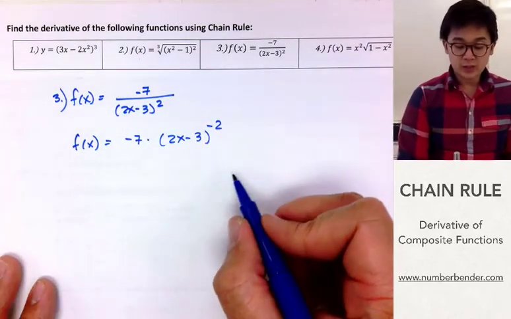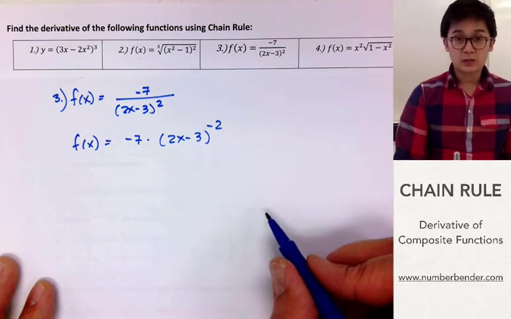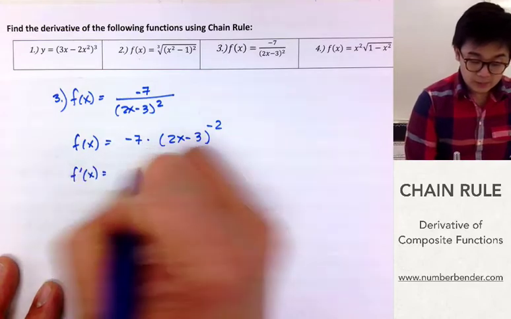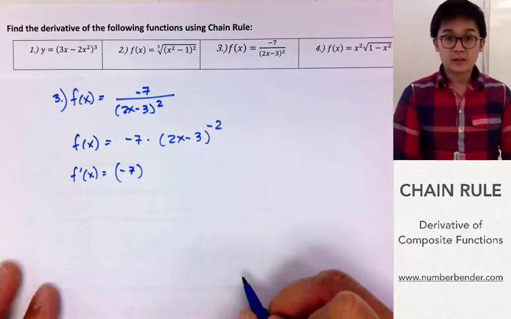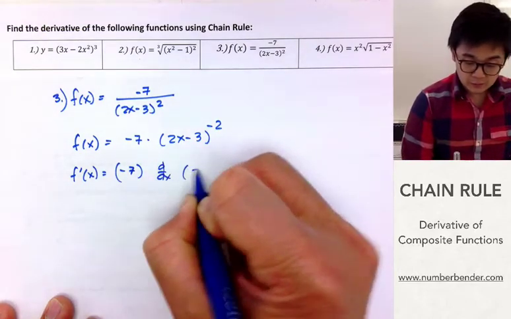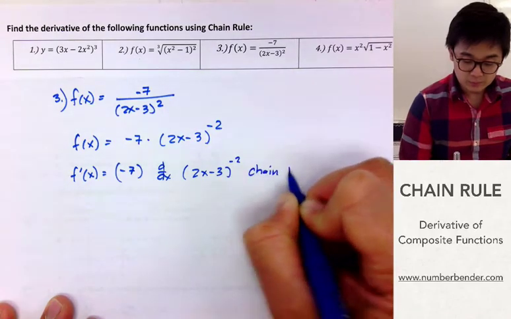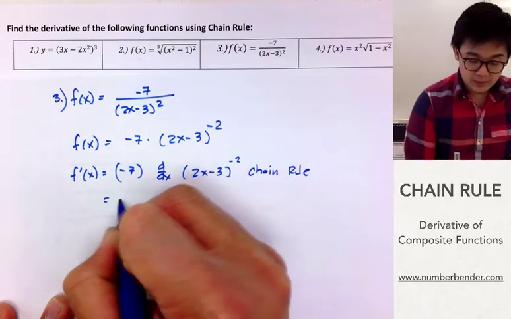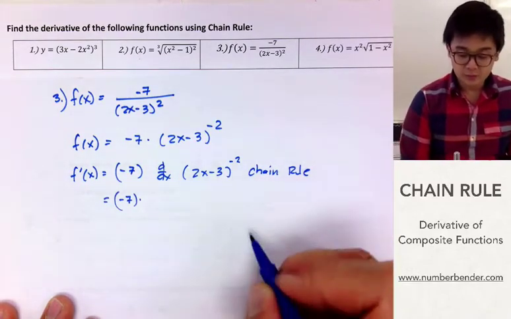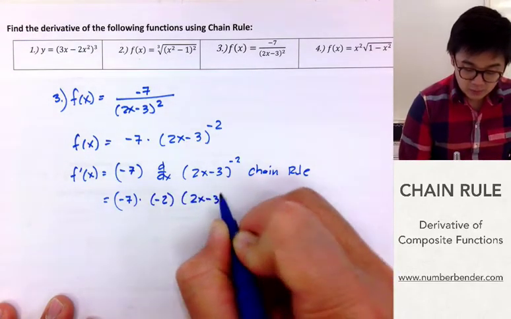And in this particular chain rule, I will use the derivative of a constant multiplied with a function. So what I'm going to do is set negative 7 aside and take the derivative of 2x minus 3 using the chain rule. So we'll have negative 7 multiplied by the derivative of the composite function, which will be negative 2 times 2x minus 3.